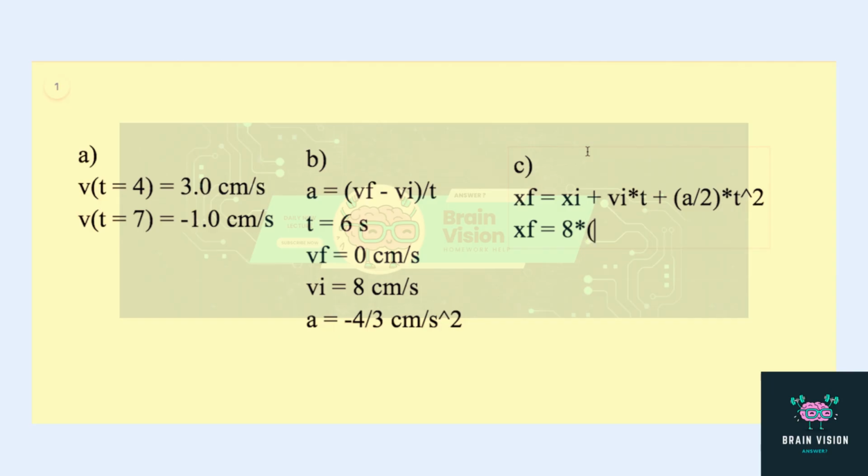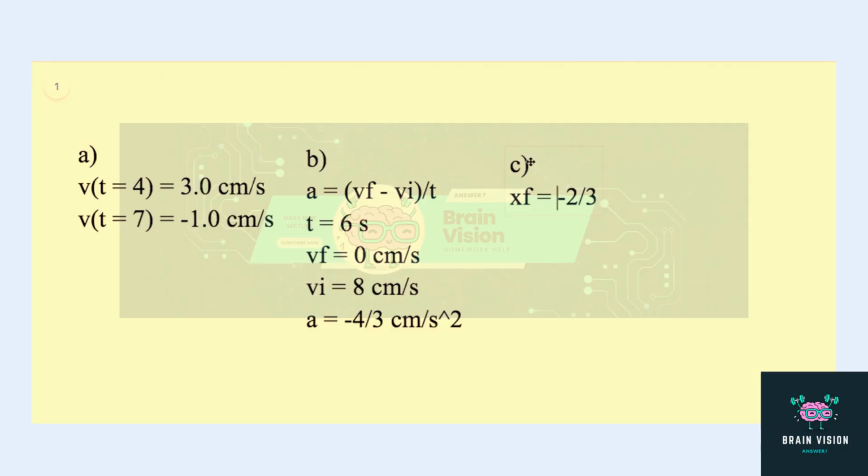times 4.5 seconds plus negative 4/3 divided by 2. That's the same as negative 4/6, which is the same as negative 2/3. Oh, whoops, sorry, let's put that back.